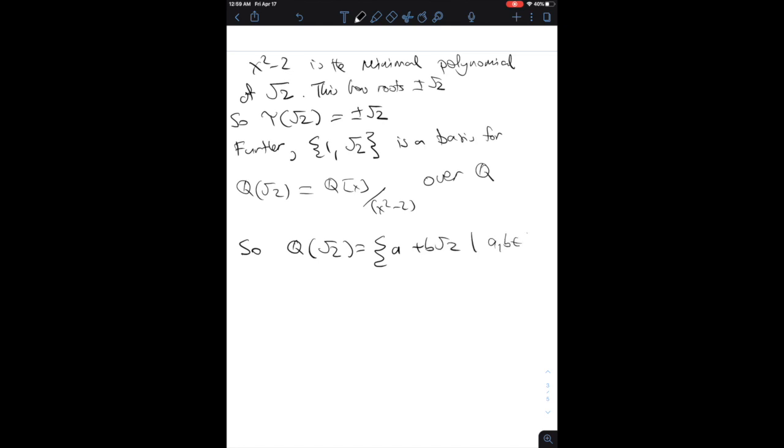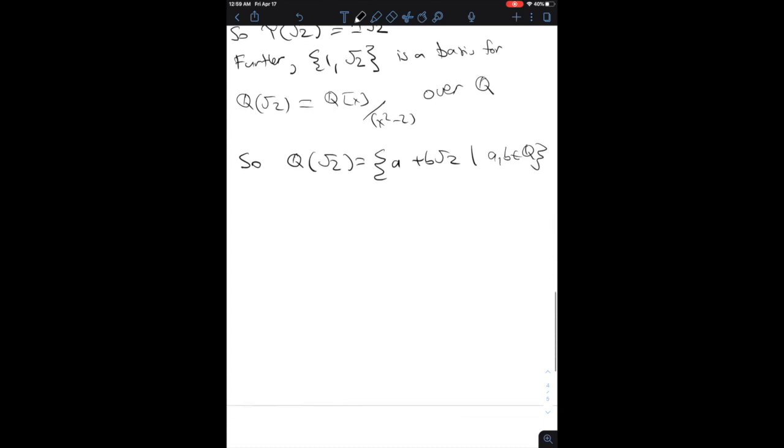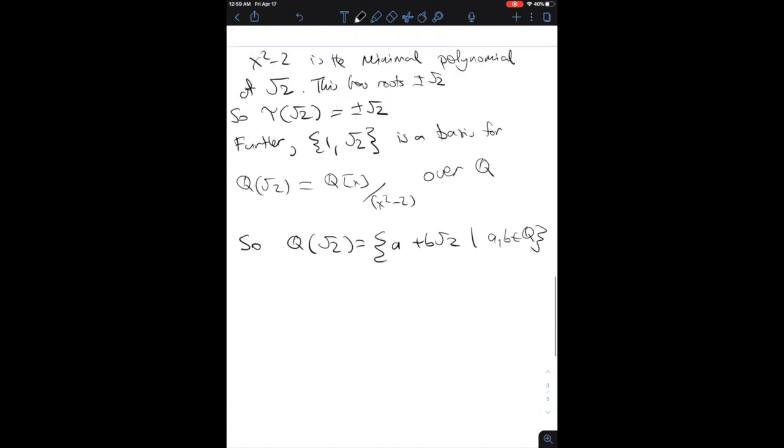So we have that Q adjoin root 2 is the set a plus b root 2 for rationals a and b.